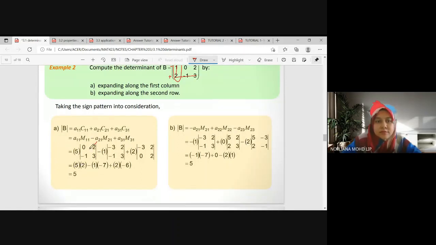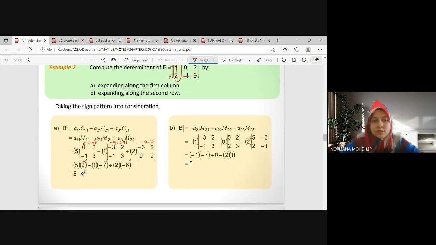So 5 times this determinant, 0 minus negative 2 is equal to 2. Minus 1 times this one, negative 9 minus negative 2 is negative 7. Then this one, negative 6 minus 0 is negative 6.